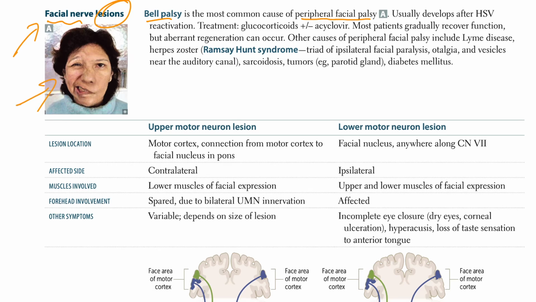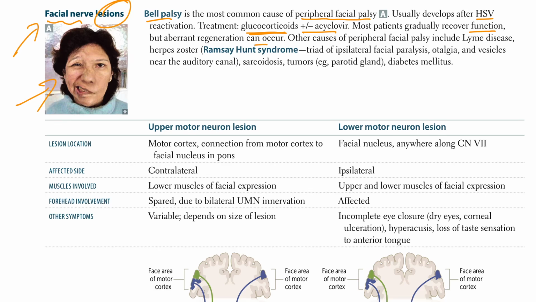In picture A, you can see that. It usually develops after HSV reactivation. Treatment is glucocorticoids plus or minus acyclovir. Most patients gradually recover function, but aberrant regeneration can occur.